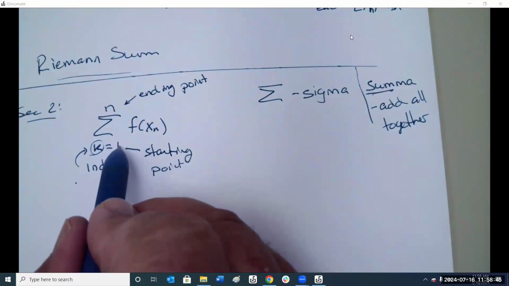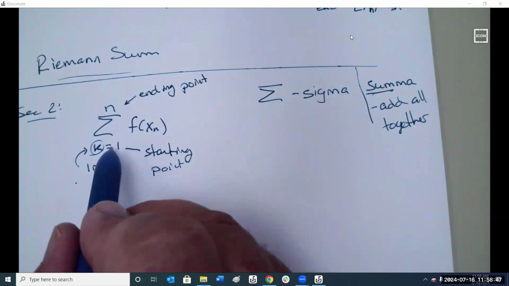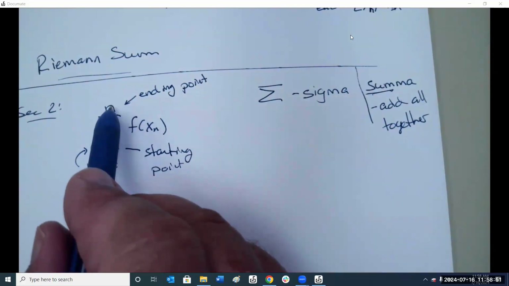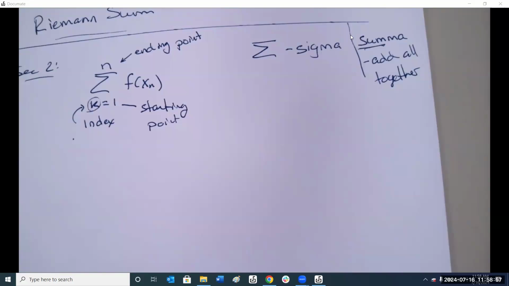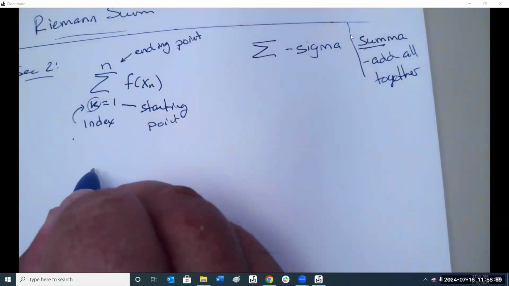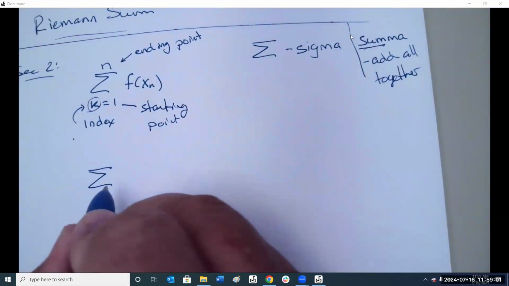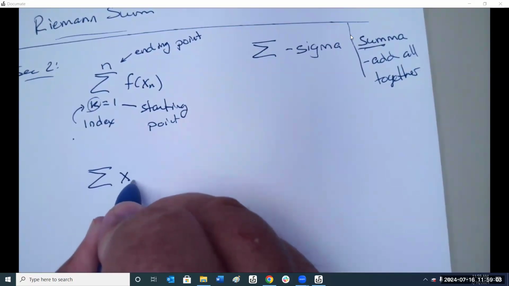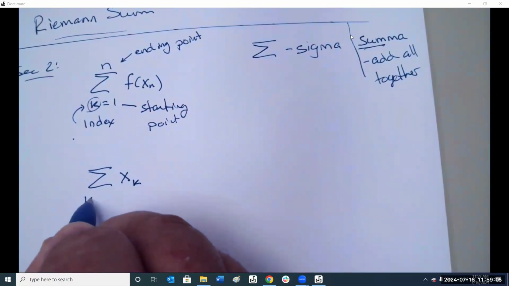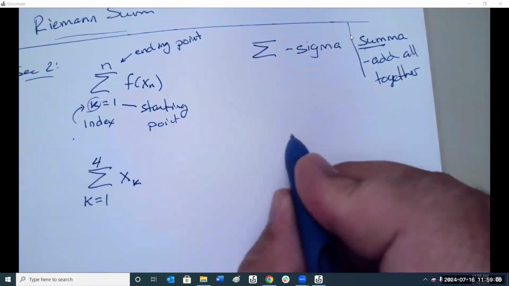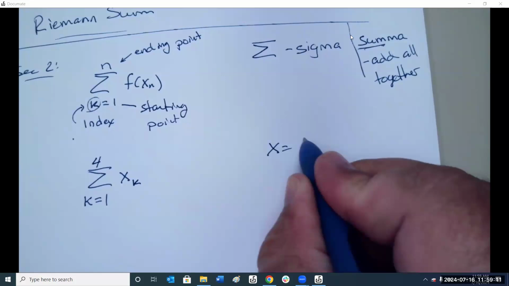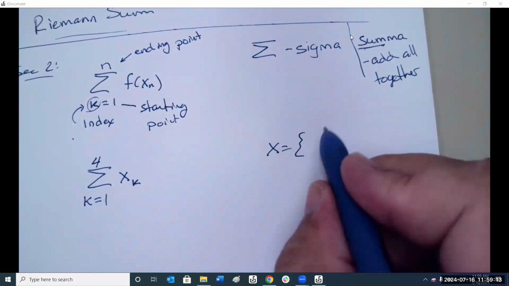You can put any negative number. You can put any positive number. You can put 0 in there. And n can end anywhere. It can even go to infinity. So let's look at this. X sub k, k equals 1, 2, 4. This is my data set.